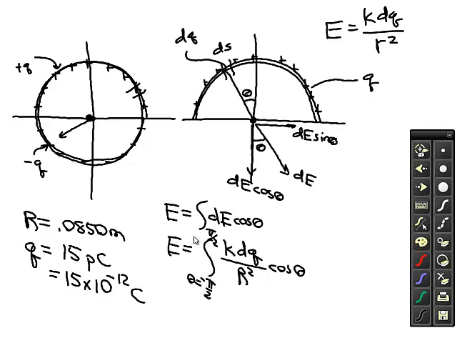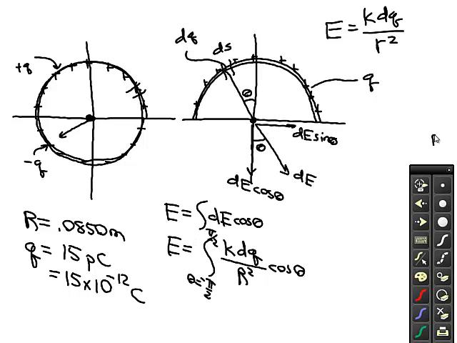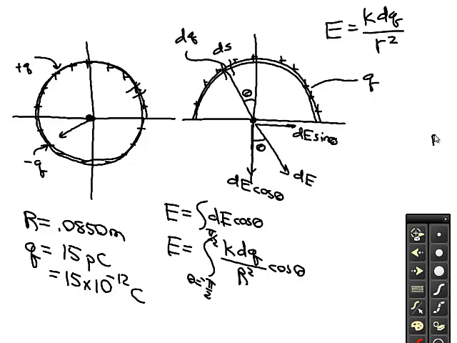You set up the integral and you say, darn, I can't integrate that. The limit variable is different than the variable in the integration. So you have to fix it. We need to rewrite the dq so it doesn't say dq, it says d theta. So how the heck are we going to do that? Okay, here's what we're going to do.